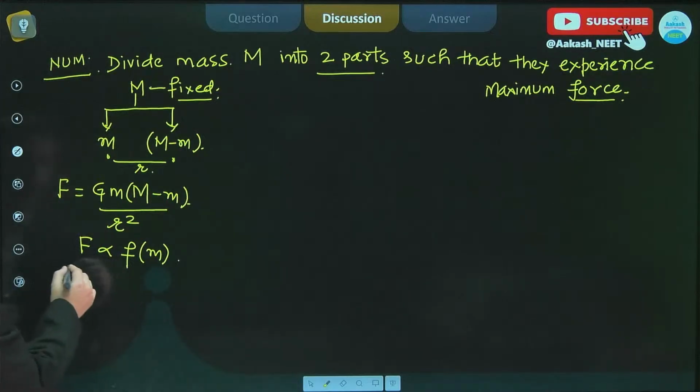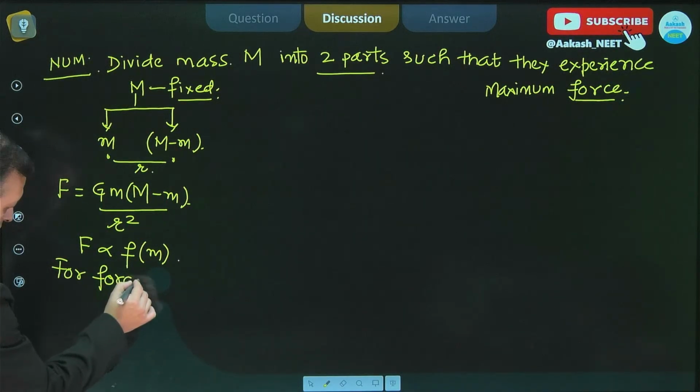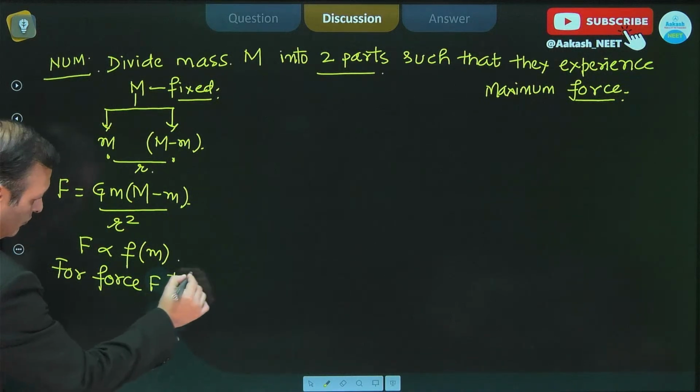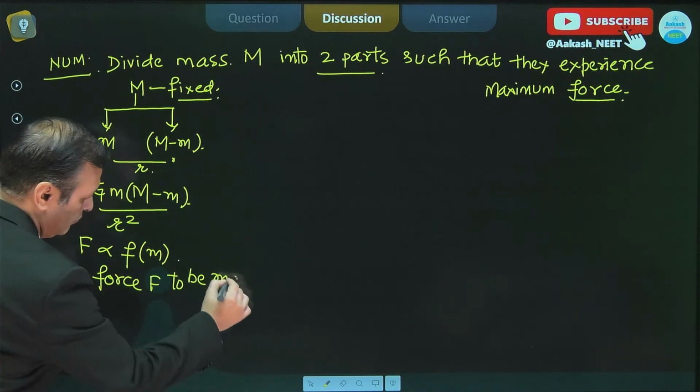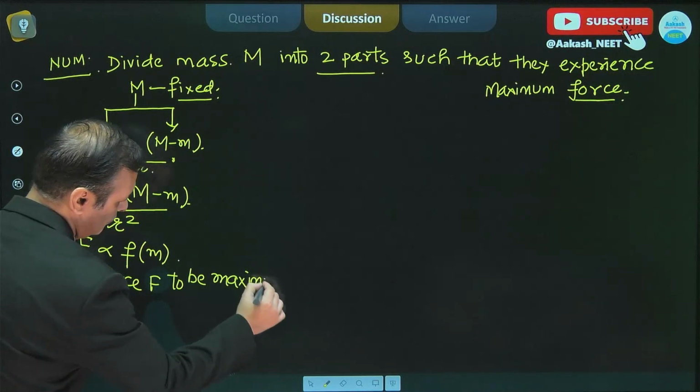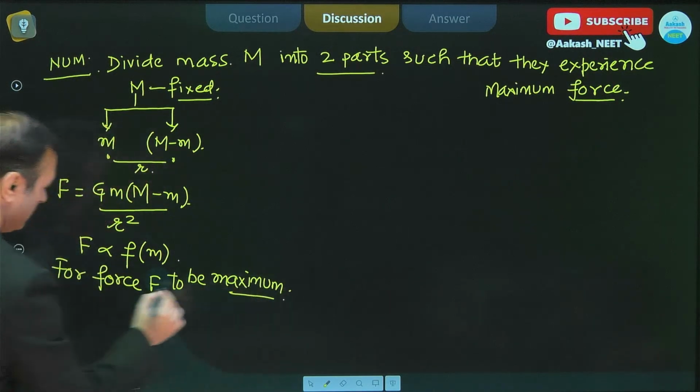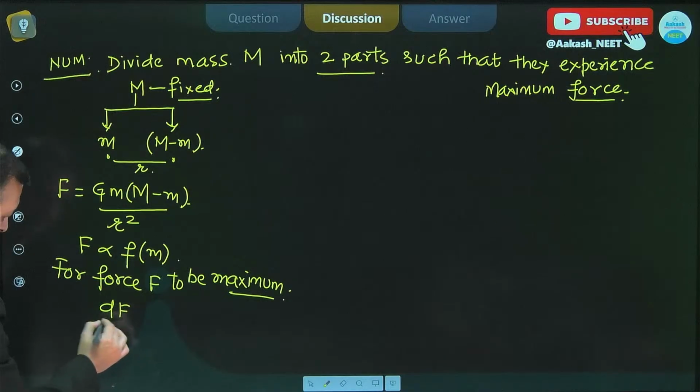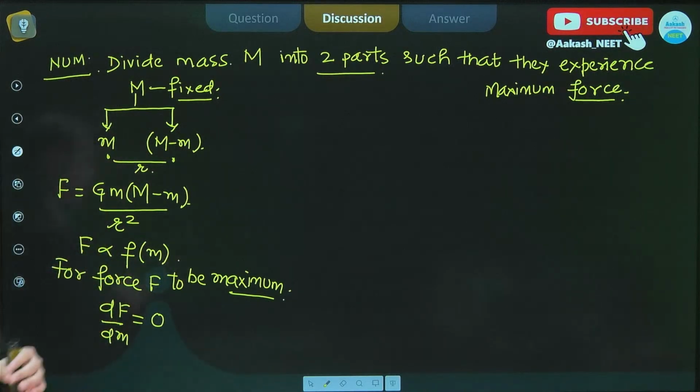And for the force to be maximum, we need to define dF by dm, and that has to be equal to 0. This is the first condition.